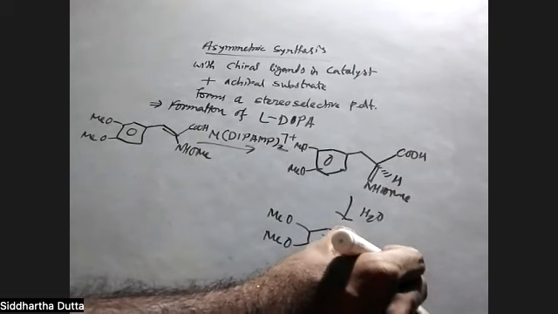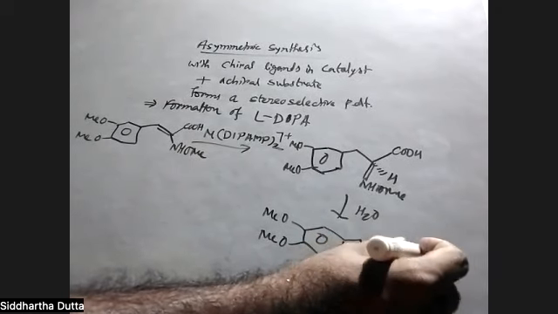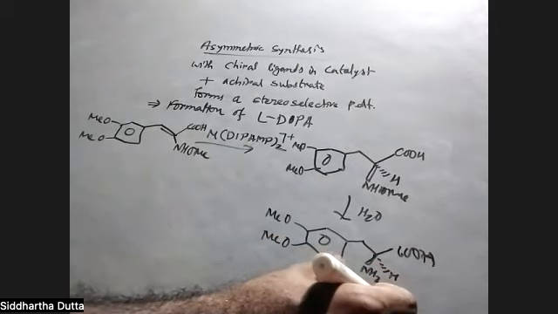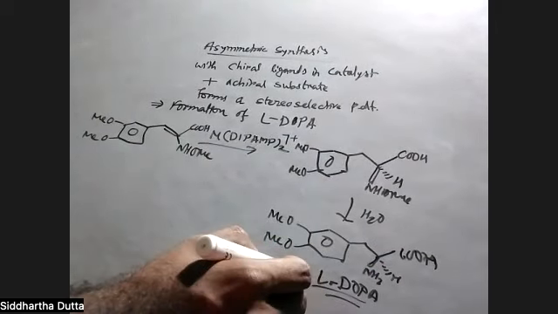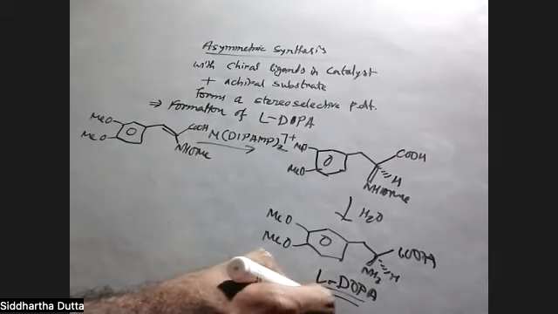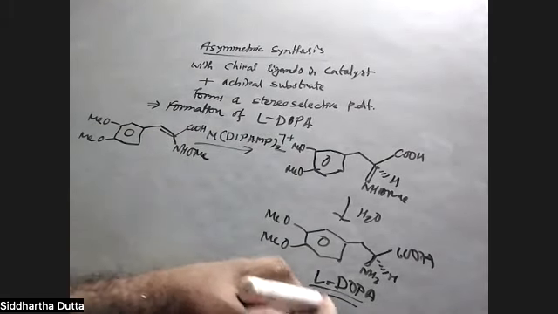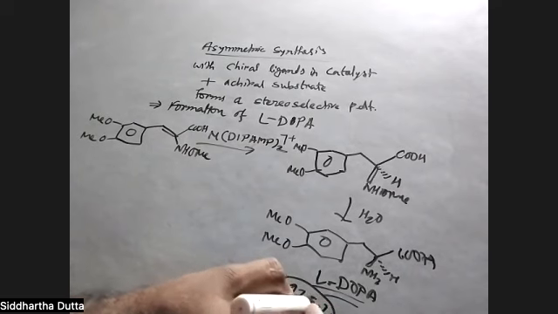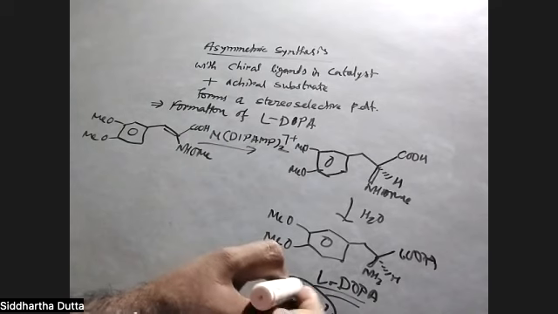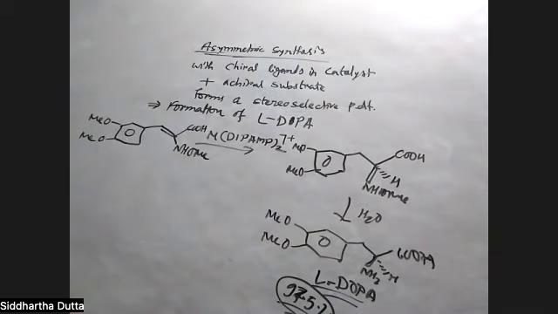So this is L-DOPA, and this enantioselective product forms 97.5%, and the yield of this product is 100%. Of that, the enantiomeric excess of L-DOPA is 97.5%. So this is called asymmetric synthesis in organometallic chemistry.